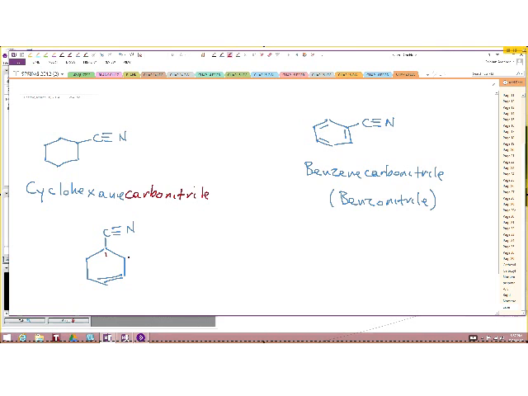So we say 1, 2, 3, 4, 5, and 6. Because this double bond is in the 3 position, this becomes 3-cyclohexene, the complete name for that ring system. Then you add the word carbonitrile.